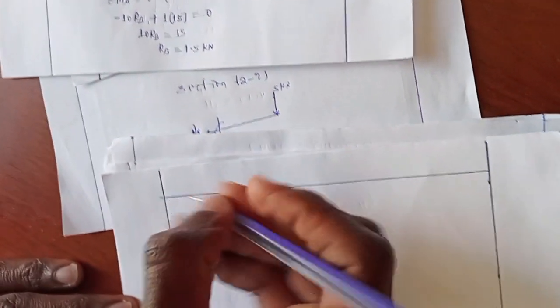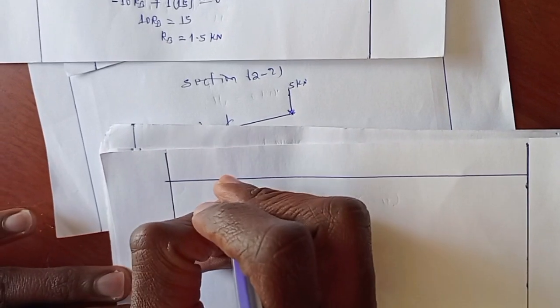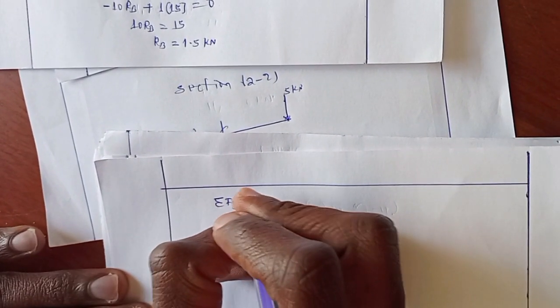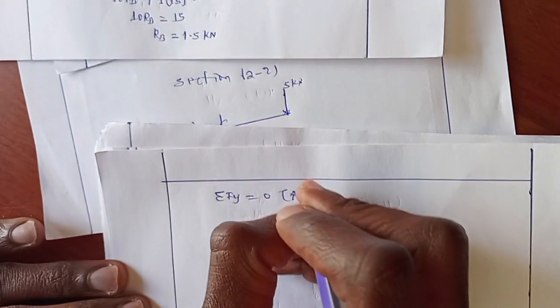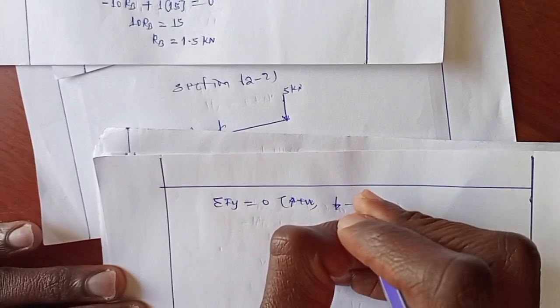Okay, let's proceed. In order to obtain vertical reaction, we take the sum of vertical forces equal to 0. Upward positive and downward negative.